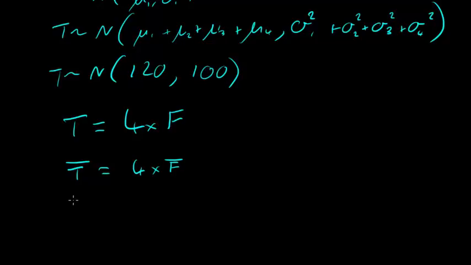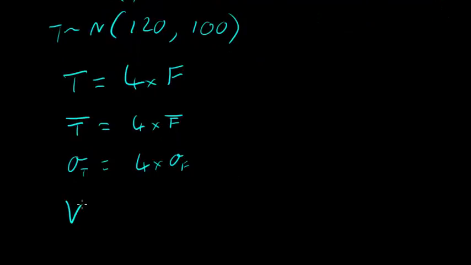And if I want to find out the standard deviation of tins, we're just using coding, which we did in chapter 1 of Stats 1, well, that will just be 4 times the standard deviation of fish. Now obviously we're dealing with variance, so the variance of tins is going to be the square of that, which is 16 times the variance of the fish.